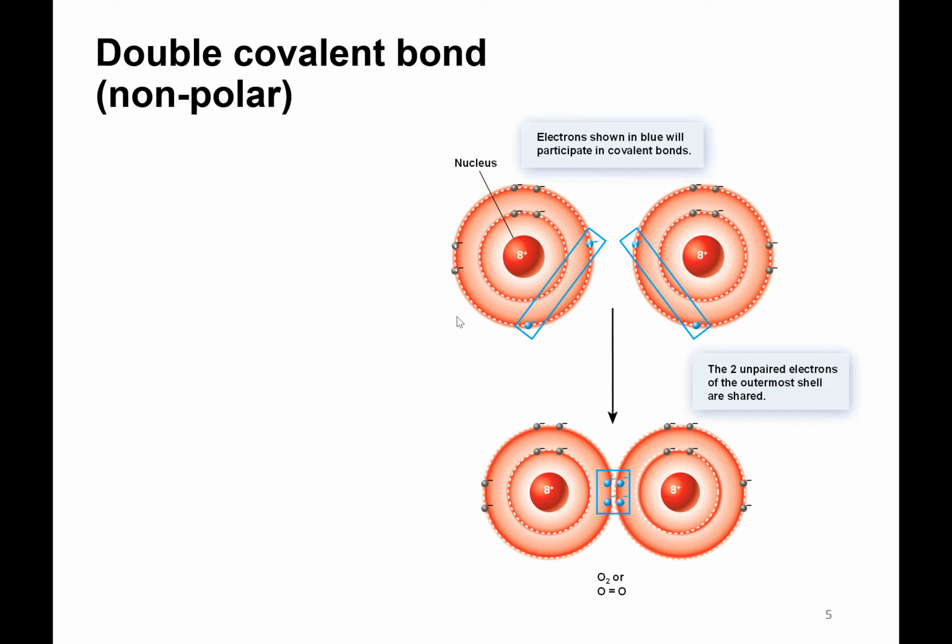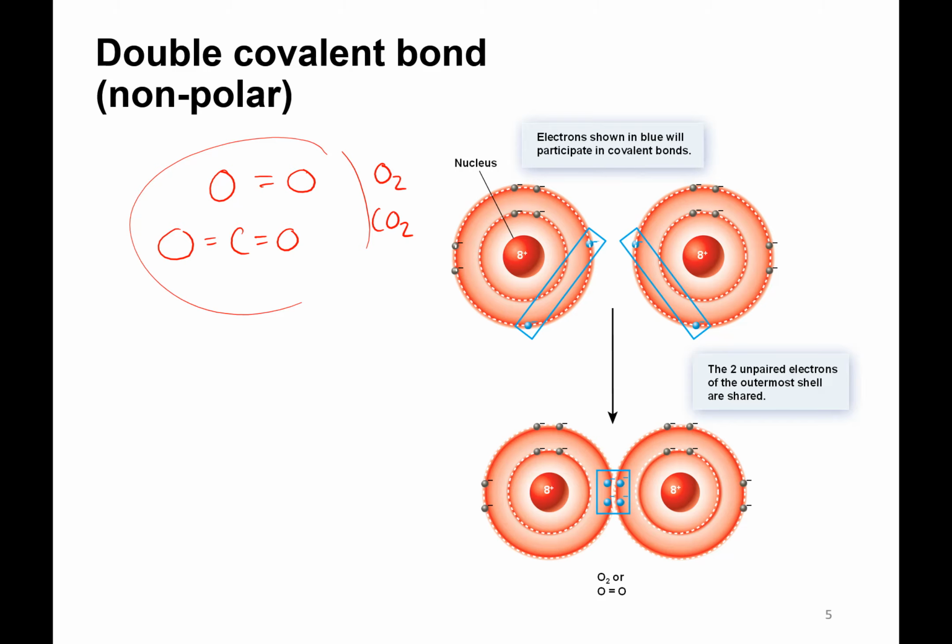Okay, so this is oxygen or carbon dioxide. Again, double strong bonds. They're nonpolar. And this is one of the reasons that oxygen and carbon dioxide can cross membranes, because they're nonpolar. They don't have any charge to them, and they're really small.